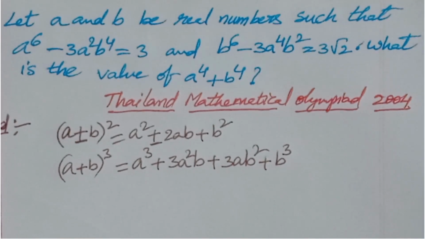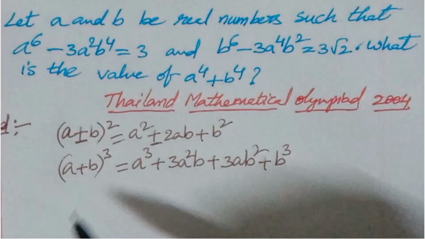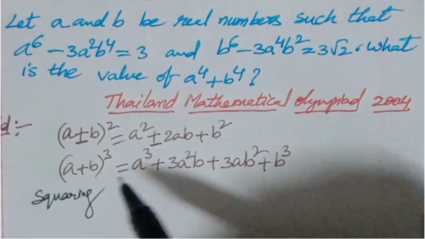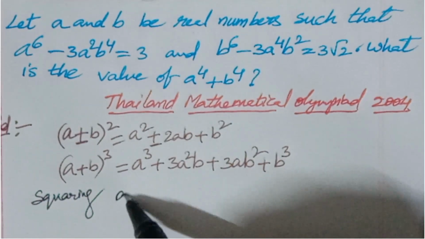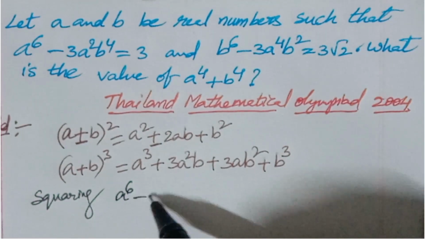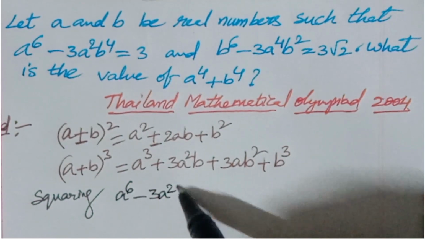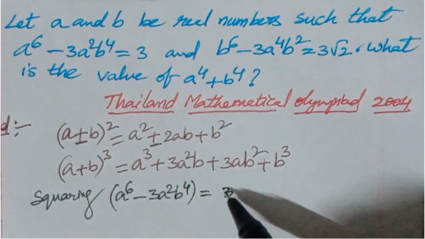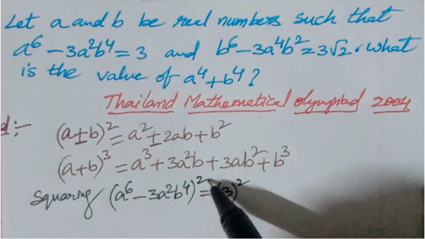By seeing the equations, you have to get the idea. Here, if you add or subtract, you are not getting any result. So the logic is first you will do squaring. Squaring the first equation, a to the power of 6 minus 3a square b power 4 is equal to 3, on both sides.